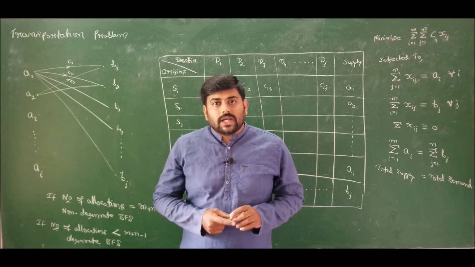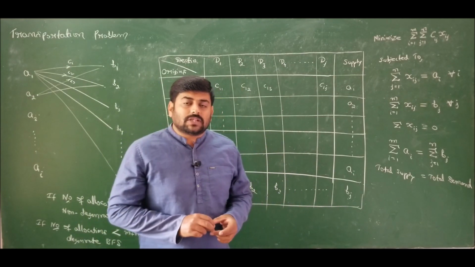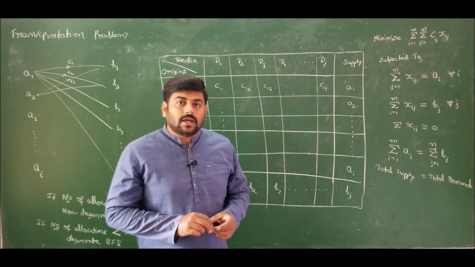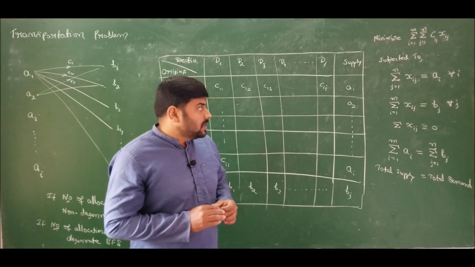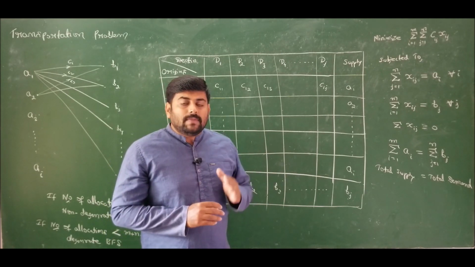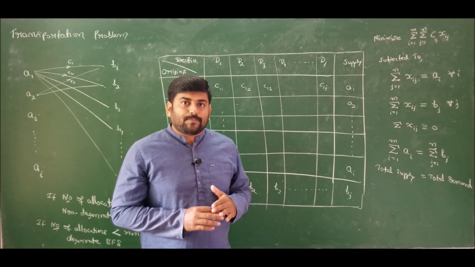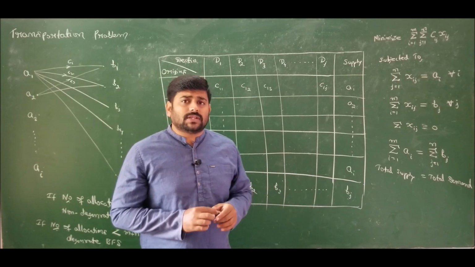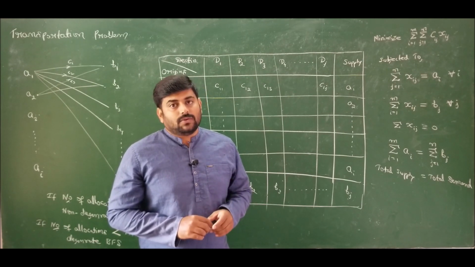Now, we will do the optimality test for the initial basic feasible solution we have obtained to get the optimum cost for transportation. So, the transportation problem will be solved in 2 different steps. In step 1, we will be determining the basic feasible solution. In step 2, we will be checking the optimality test for the previously obtained feasible solution.